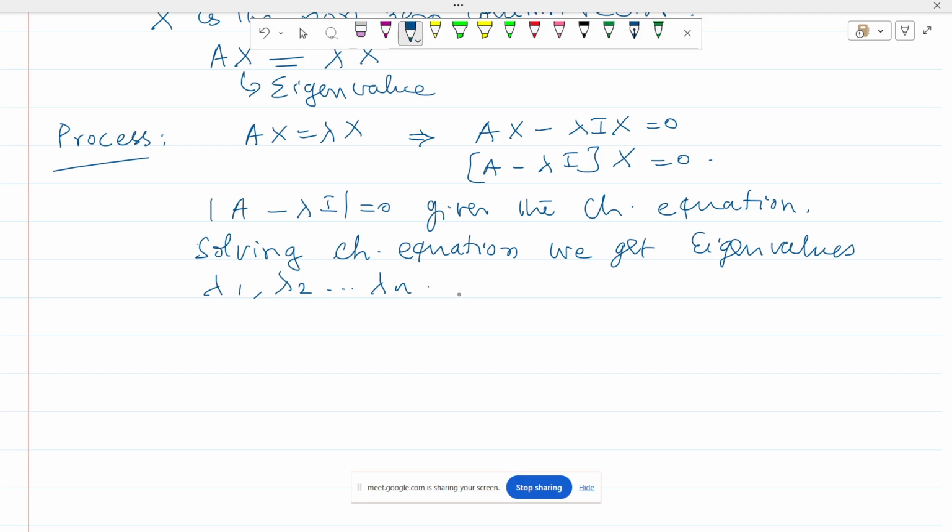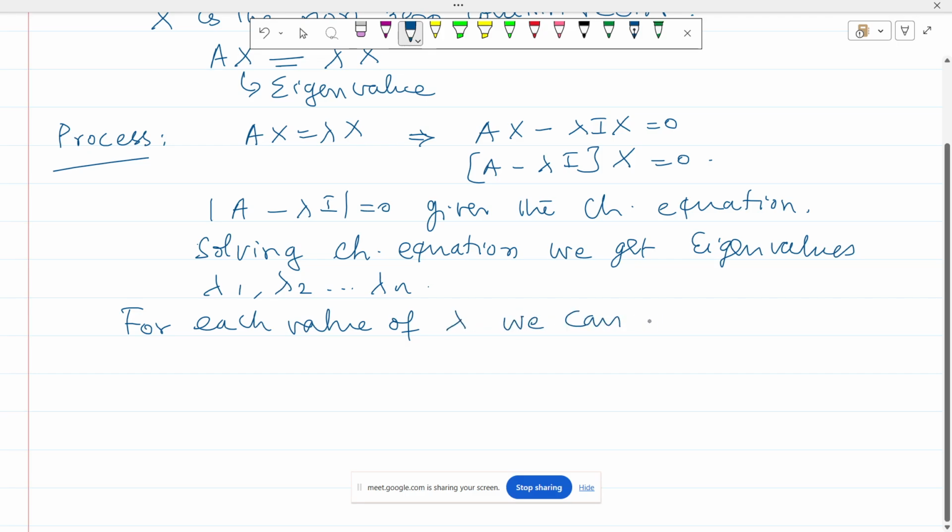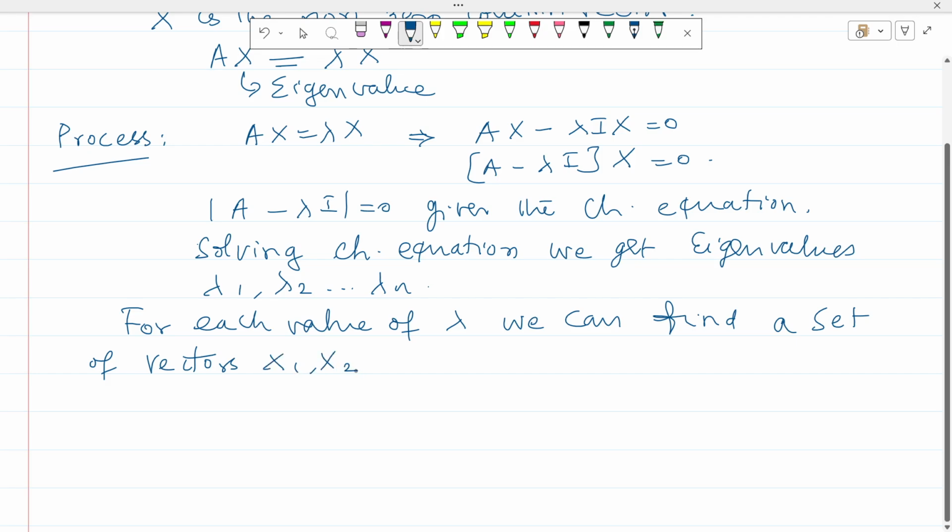After finding the eigenvalues lambda 1, lambda 2, lambda n, for each value of lambda we can find the set of vectors x1, x2, xn.